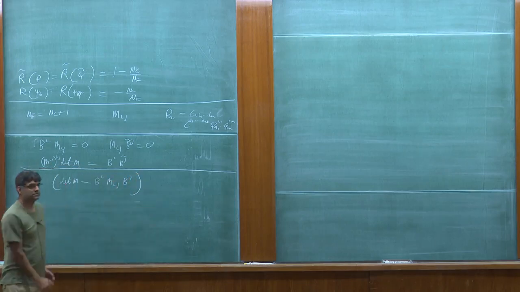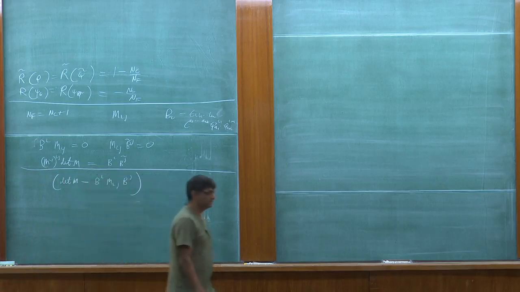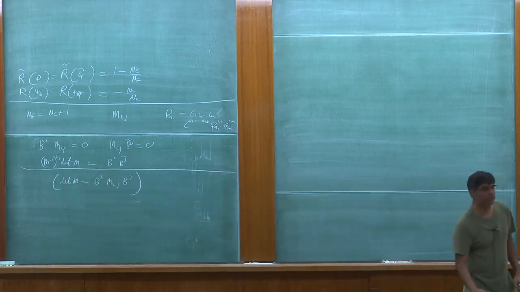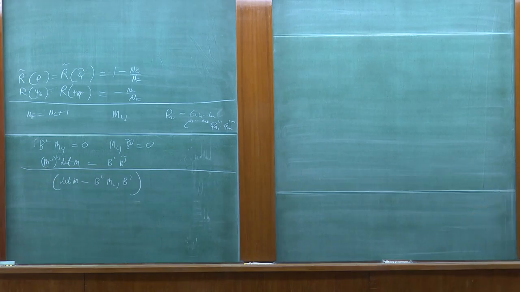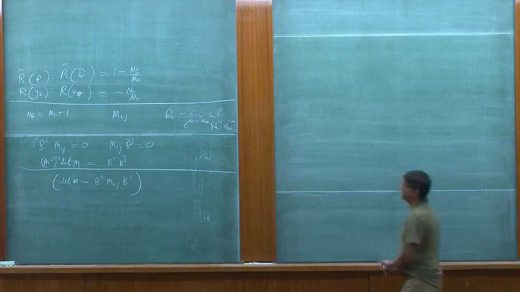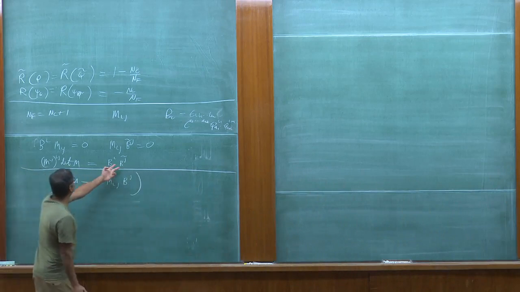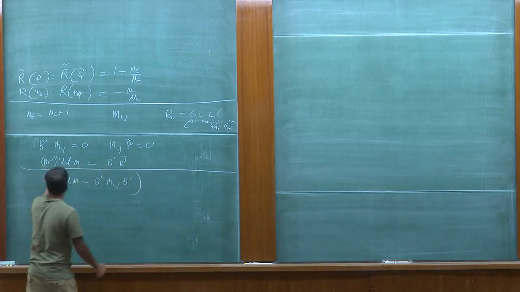If you dot M with M inverse, you should get the identity, which has one lower and one upper index. So in this equation, M inverse times det M equals B^i B tilde^j; dotting with M_ij on both sides, here we should get 0, but there we get the identity.